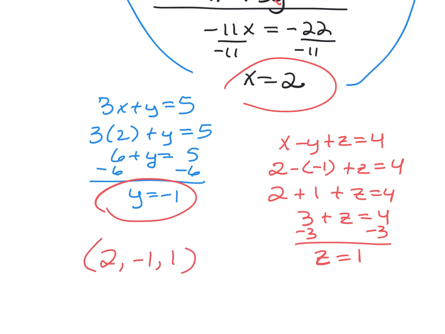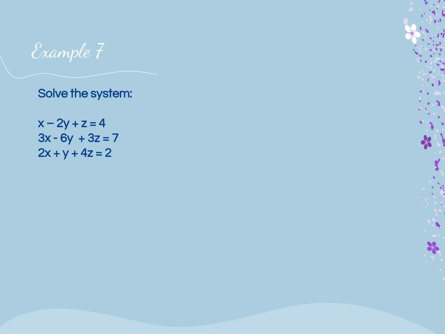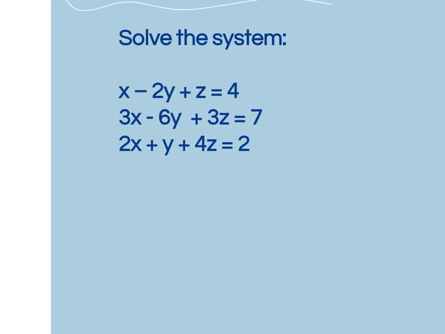One last example, and we are done. So for the last one, again, let's take a look to see what we can get away with possibly not multiplying a lot of things. I think I'm going to eliminate x. So I'm going to multiply my first equation by -3. So this is 1, 2, 3. Let me go ahead.